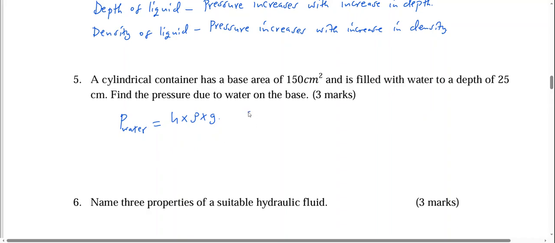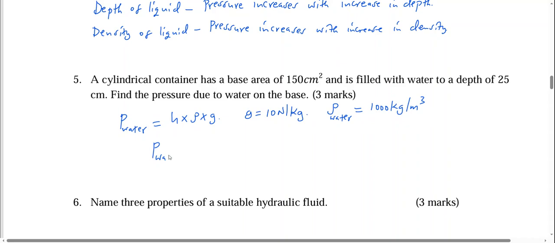And for this case, G is usually 10 Newton per kilogram. And for the case of density of water, density of fresh water is 1,000 kilogram per cubic meter. So insert all the values in our formula.